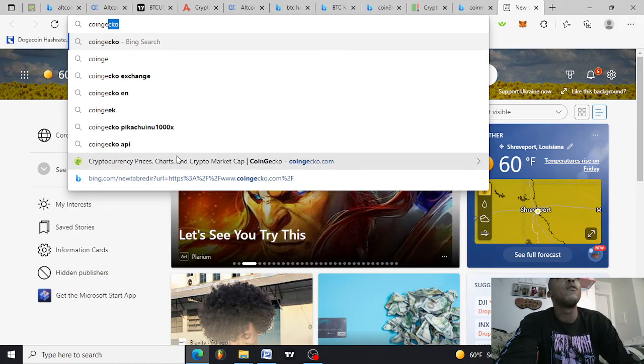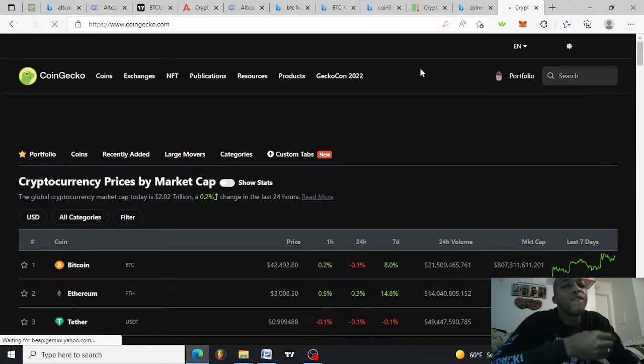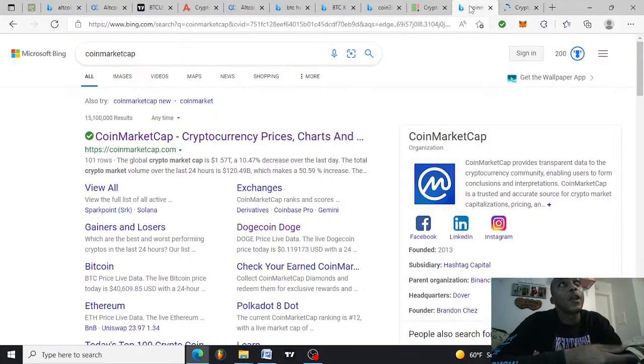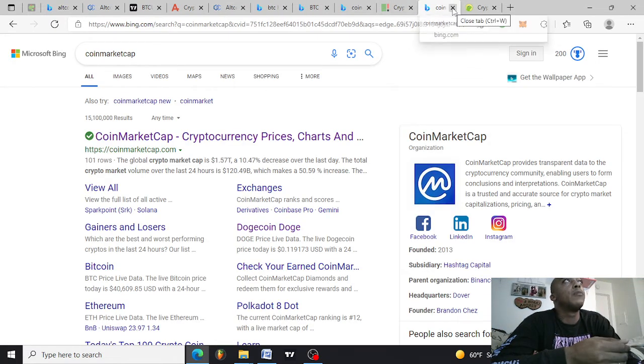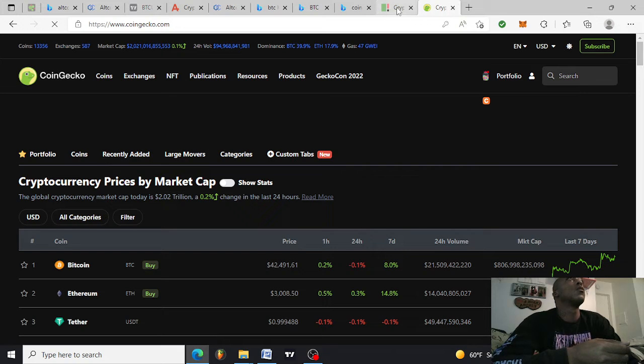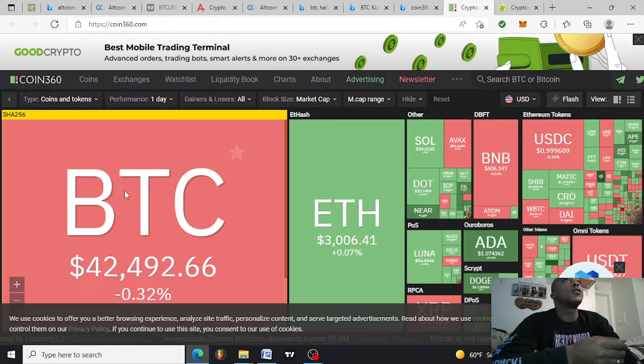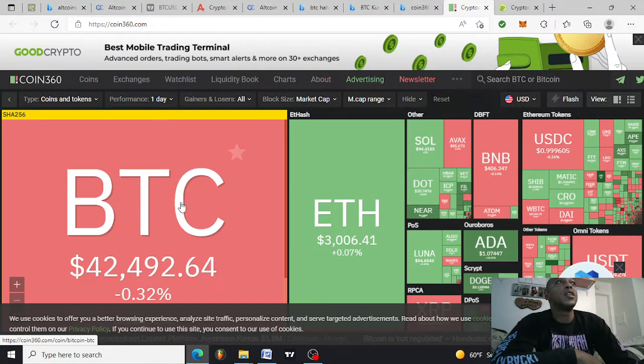CoinGecko. I've heard people say that CoinGecko is faster than CoinMarketCap. So I'm just going to open up CoinMarketCap just to show you. Alright, but let's go to Coin 360.